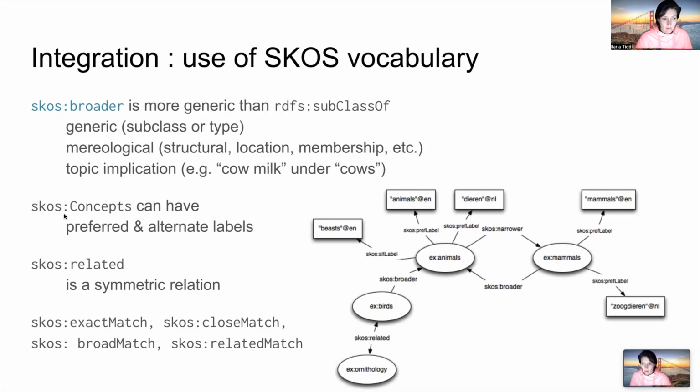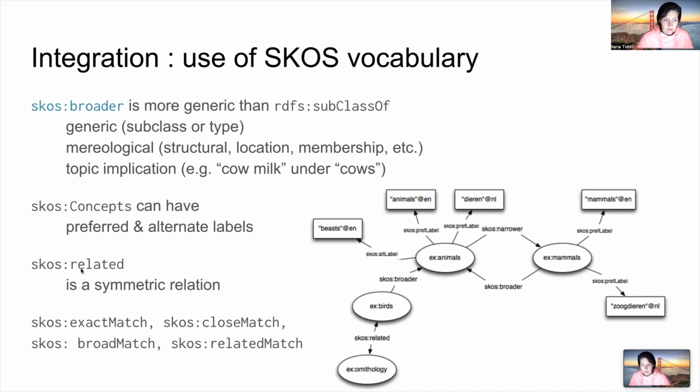In SKOS, you can have concepts, which are of type Concept, which have preferred and alternative labels. The same way you have labels in RDFS, you can have them in SKOS. So it can be an animal or it can be a beast, but it still refers to the same concept of animals.